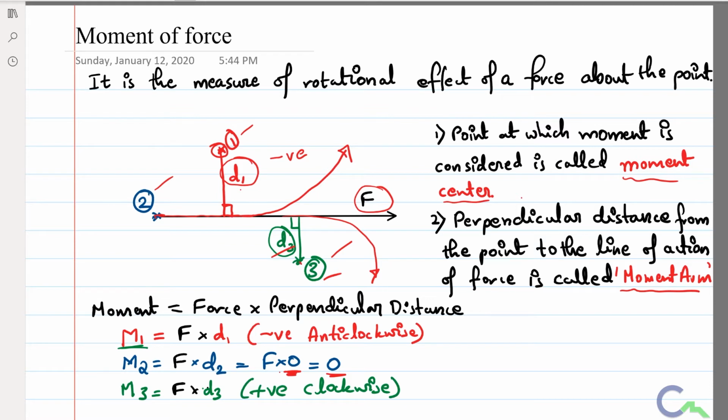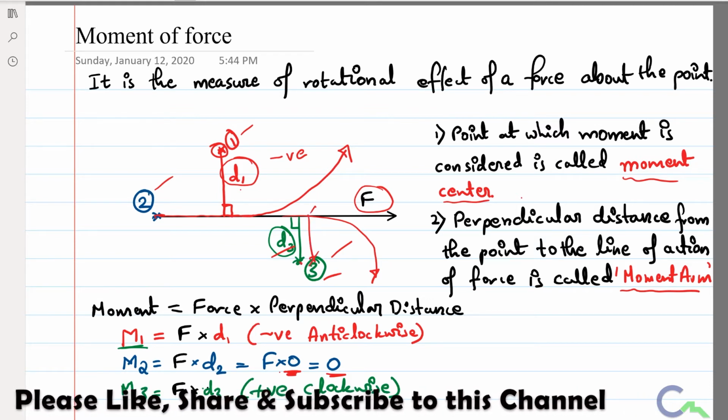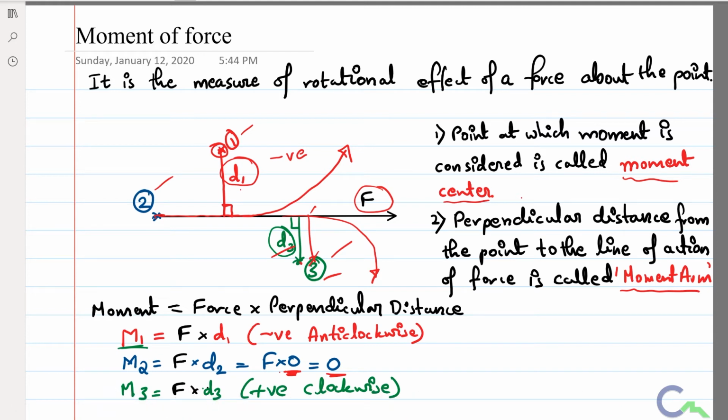If I take this as center and this as radius, and apply this force, it is trying to rotate this point in the clockwise direction, that is positive. So M1 is negative, M2 is zero, and M3 is positive. Very simple, this sign convention.